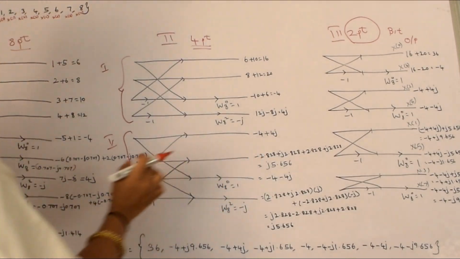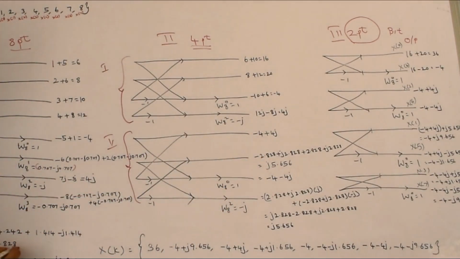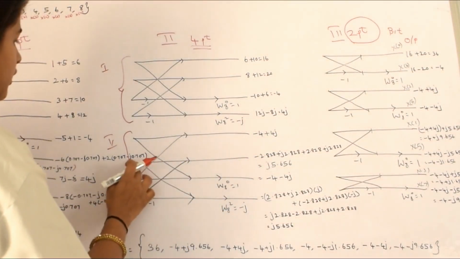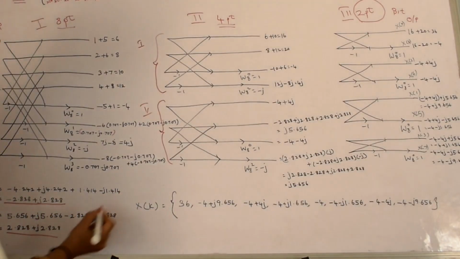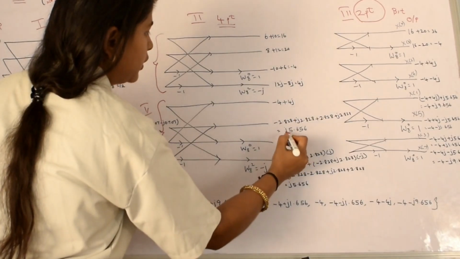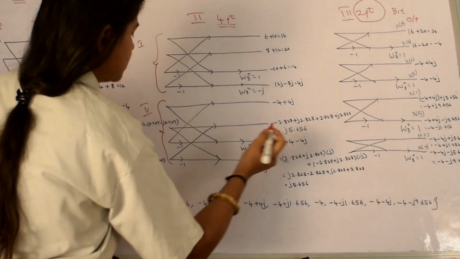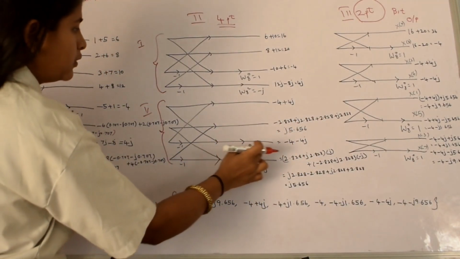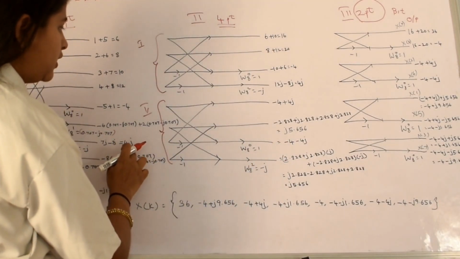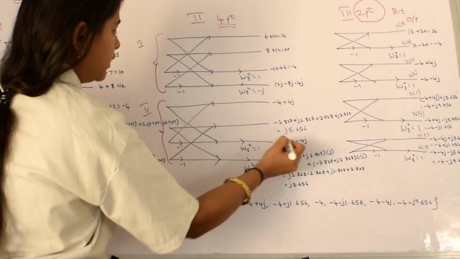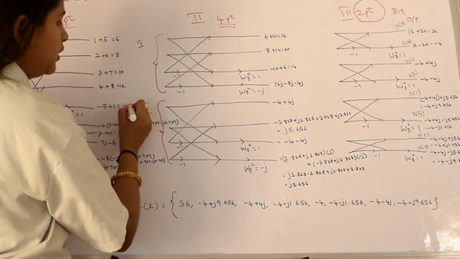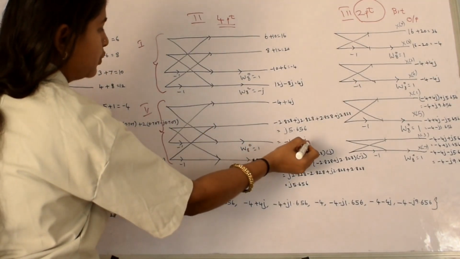For the second one, you have to consider the answer value. This one, okay. The second input comes from here. Again, you have to consider this one. So when you simplify, you will get j 5.656. For the third line, you will have -4, 4j -1 into 1, -4. Here the second input comes from here, -4 into +1, -4j.